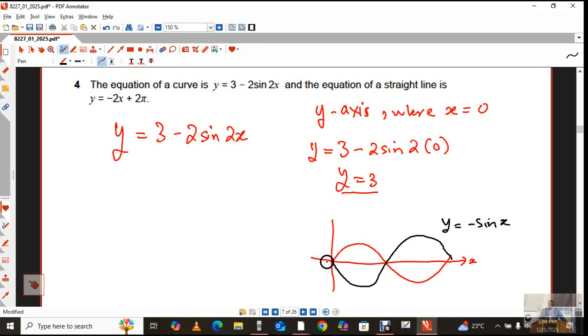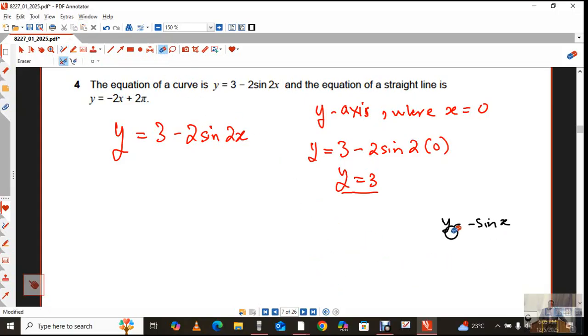Okay, so now that that's the case, I would really want to know what this graph is going to oscillate between. Let me show you what I mean by that. So I'm going to take the function 3 minus 2 sine x, and I say it has to oscillate between 1 and negative 1.